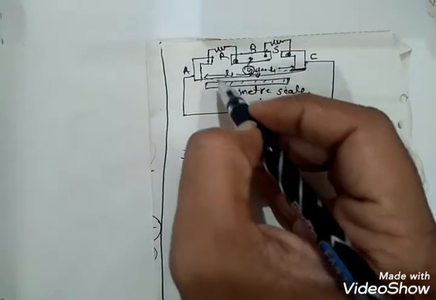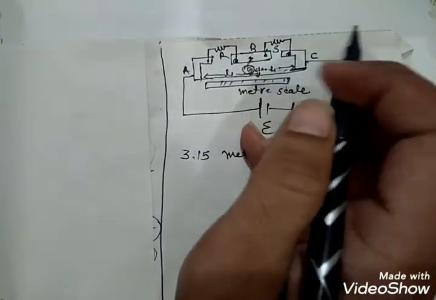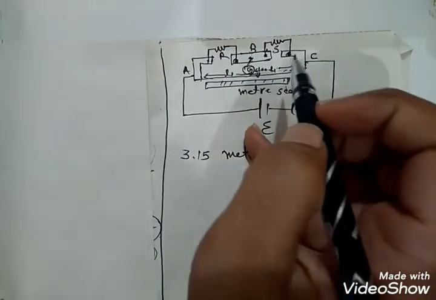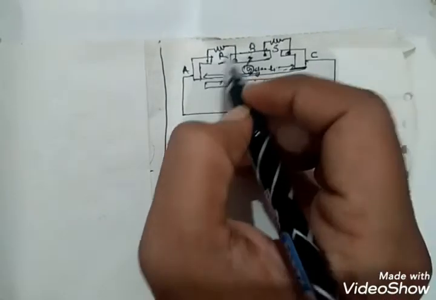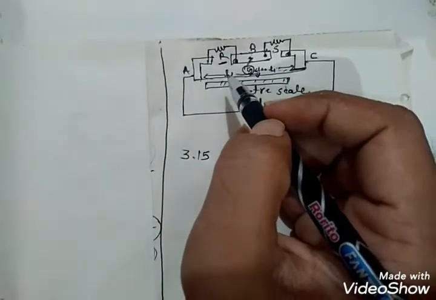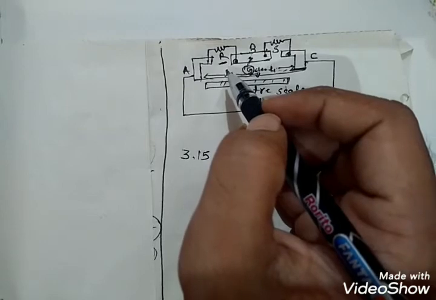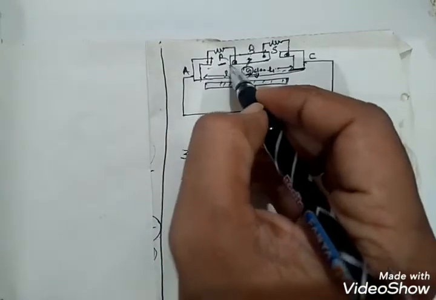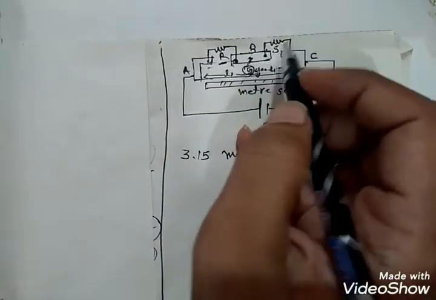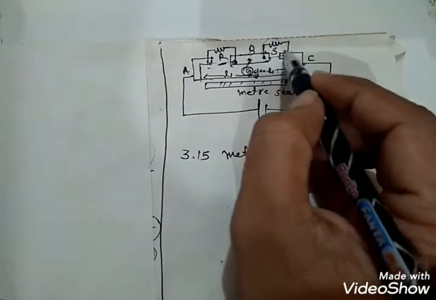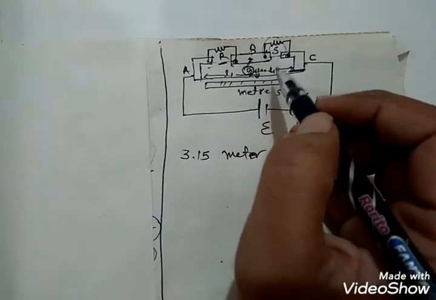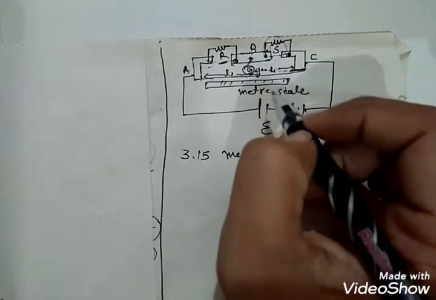In this case, R is the unknown resistance whose value we want to determine. It is connected across one of the gaps, and in the other gap a standard known resistance S is connected.